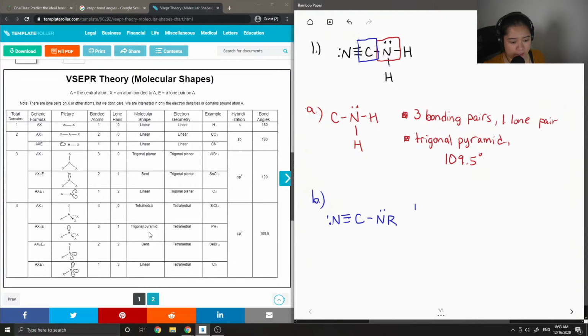Okay, so again, let's count how many bonding pairs it has, or bonded atoms it has. And if we count, we see it only has 2 bonding pairs. And it also has 0 lone pairs.